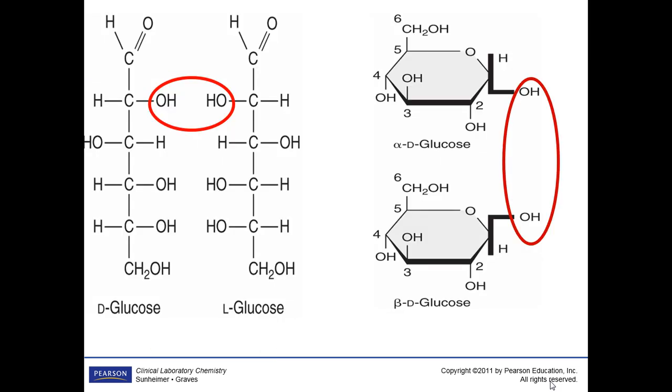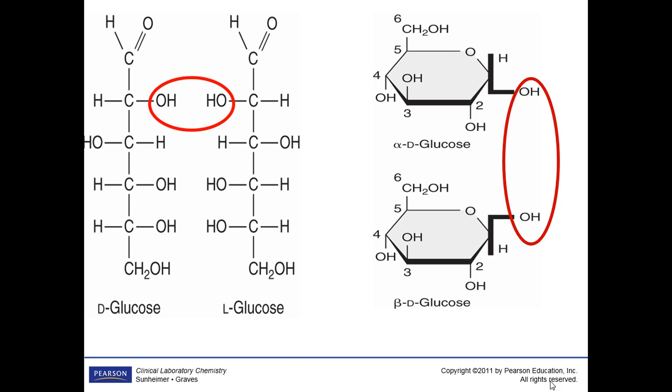This is, they're flat dimensions, so it's a little more difficult to see what actually we're talking about, but here is on the right, so it is what letter? D, and this one is on the left, so you have your L, glucose.